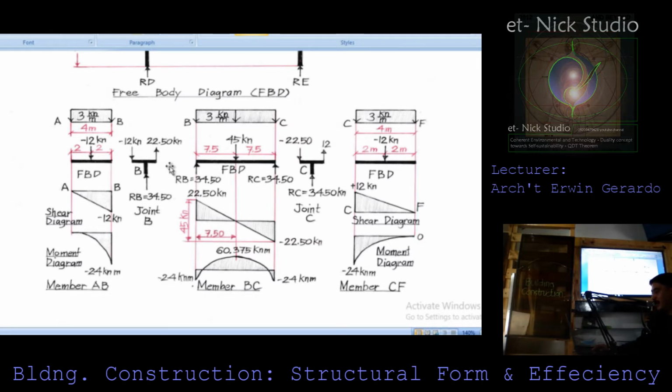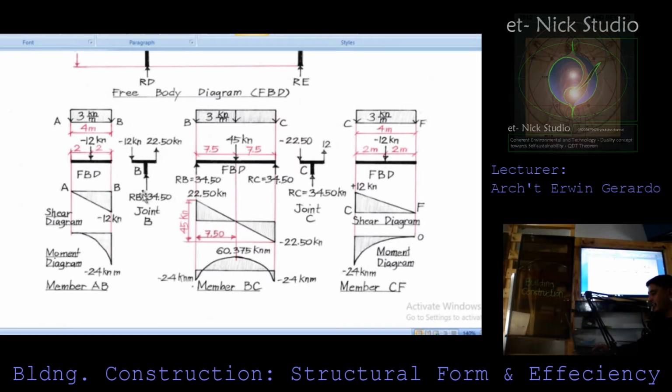So all in all, if you present it in this manner, the shear diagram is actually pointing to this joint, and your 34.5 kilonewton, if you subtract this, becomes 22.5 kilonewton.